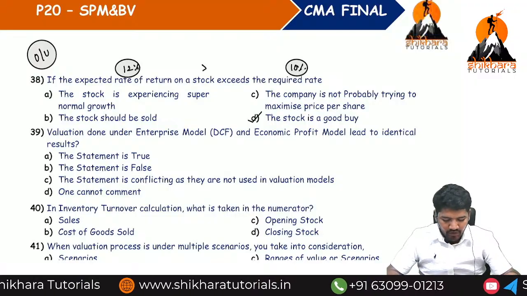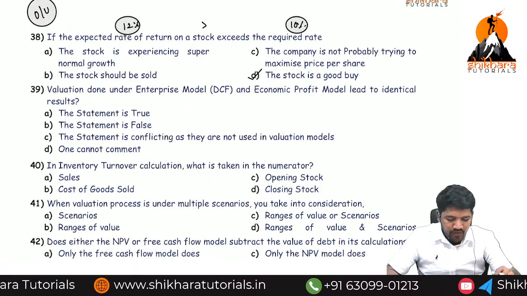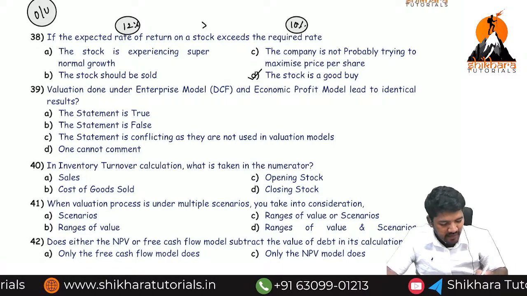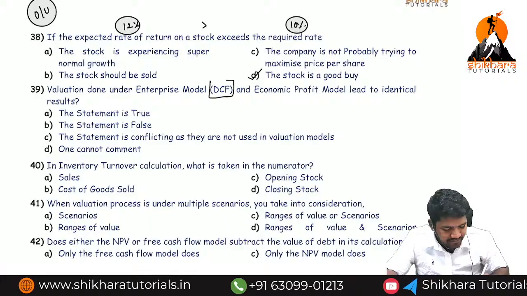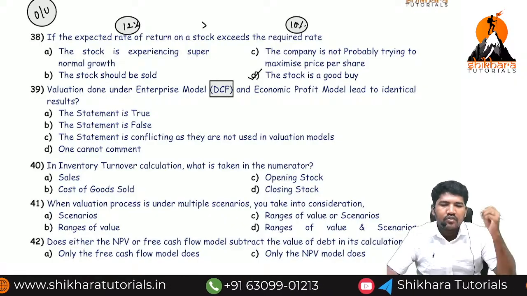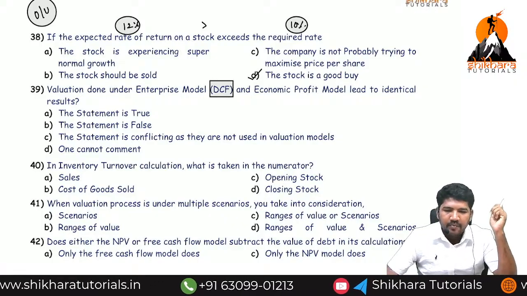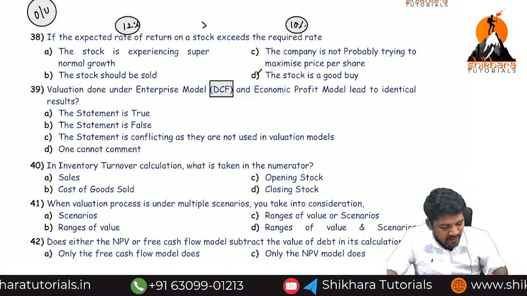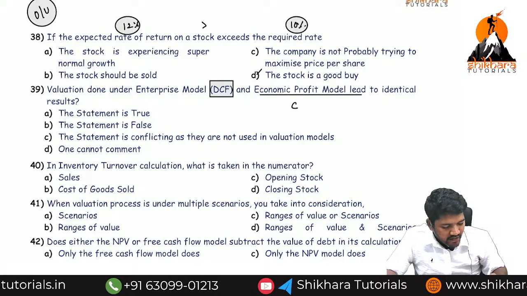Now MCQ number 39. Valuation done under the enterprise model, that is nothing but DCF, discounted cash flow method. Discounted cash flow method and economic profit model lead to identical results. So this economic profit model is nothing but earning capitalization, sir.